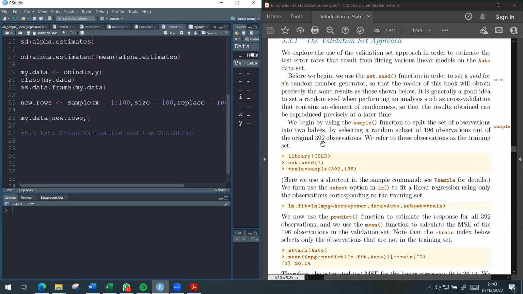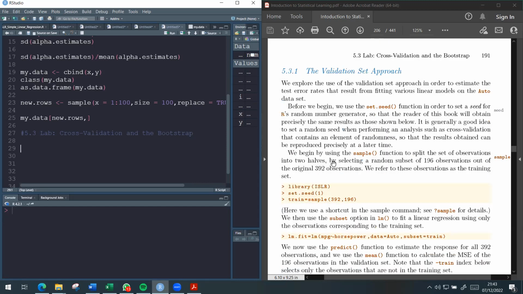Okay. So the validation set approach. The validation set approach. So is this where we're doing cross-validation? Let's have a look. We explore the use of the validation set approach in order to estimate the test error rates that result from fitting various linear models on the auto dataset.